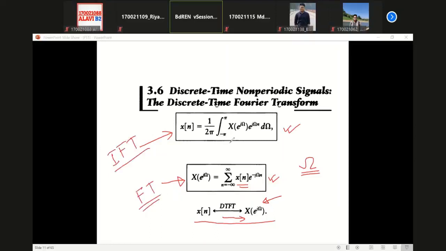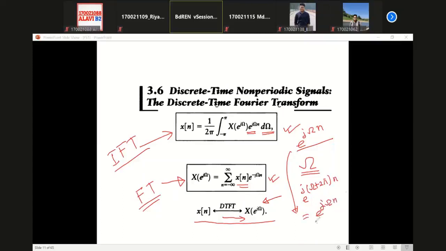Now, why is the integral limit of omega from minus pi to pi? This is because of the term e to the power j omega n. Unlike the continuous time signal, if we increase omega by 2 pi, you will see that e to the power j (omega plus 2 pi) n equals e to the power j omega n.